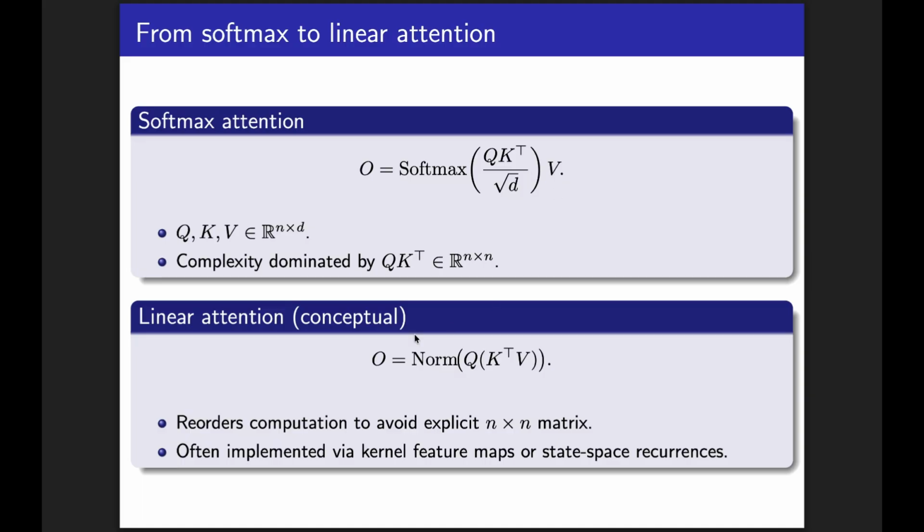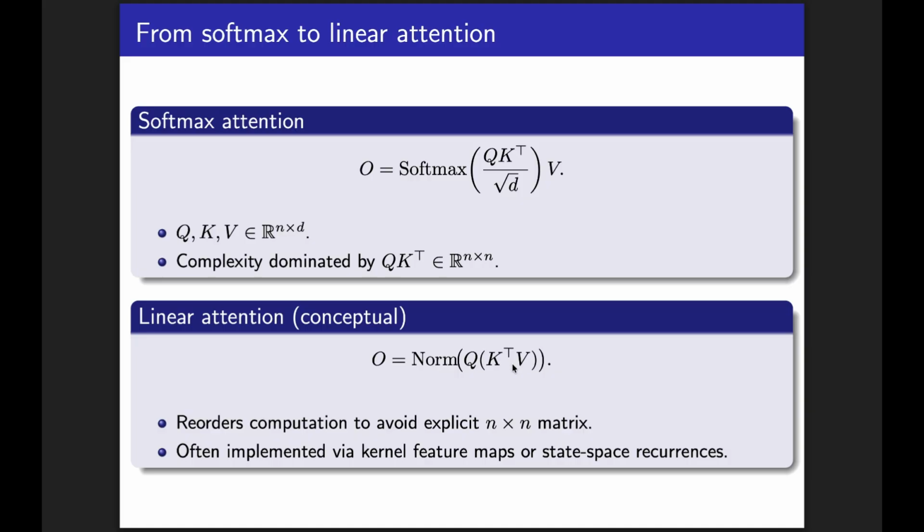What we're trying to do with linear attention is keep the operations more or less the same. We still have query, key, values, and we still multiply them in similar ways, but we reorder the operations. We just change the operations in order to avoid having big matrices of n by n at some point.